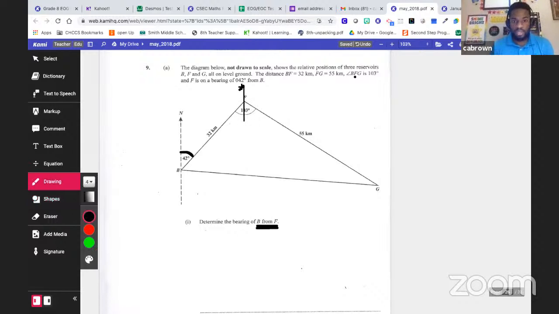So it's in relation to north, and that's going to be my north. Now we're asked to find the bearing of B from F. So from F means it's from this point and it's going towards B. B's here, but it's on this line BF. So B from F means we need all of this angle right here.